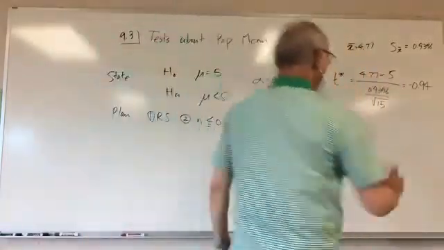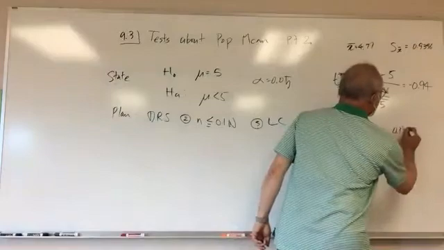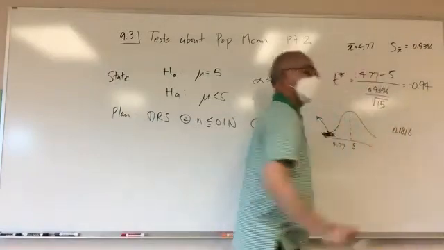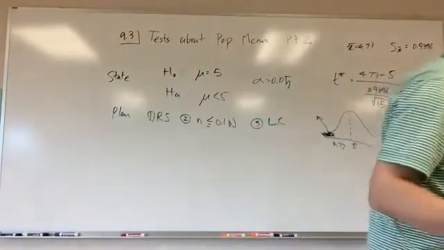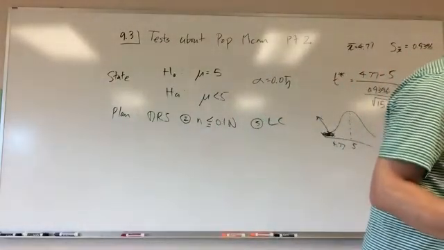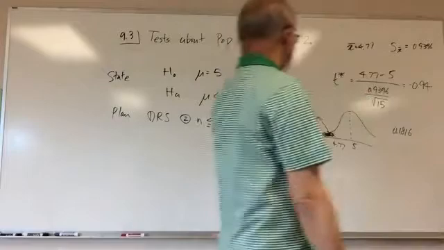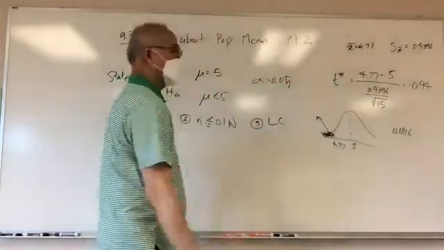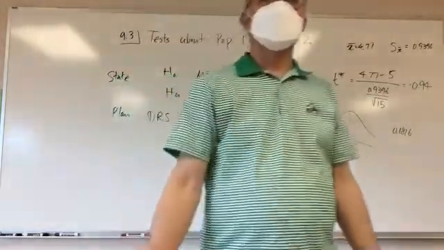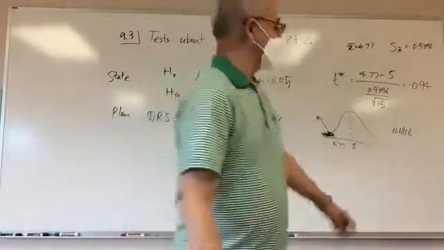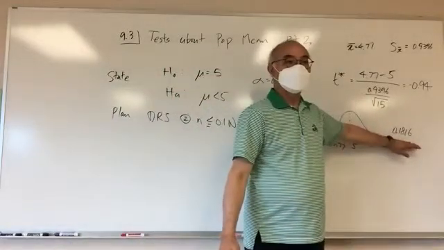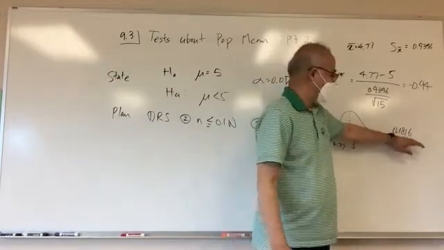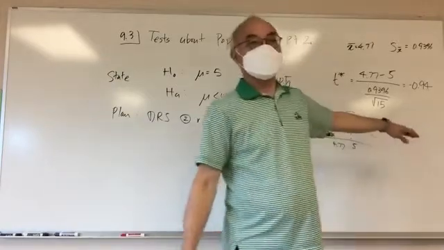What? 0.1816. Everybody else got that? Same one, 0.1816. The book says 0.1816. Okay, we're good. So what's my p-value? 18.16%, right?